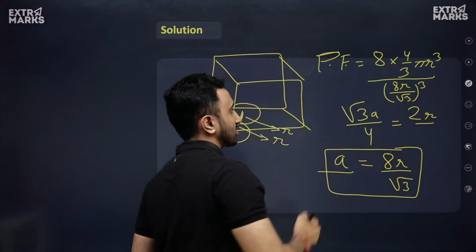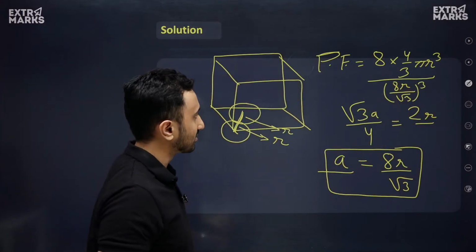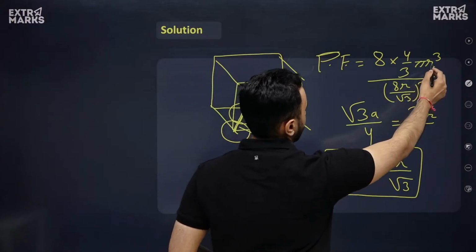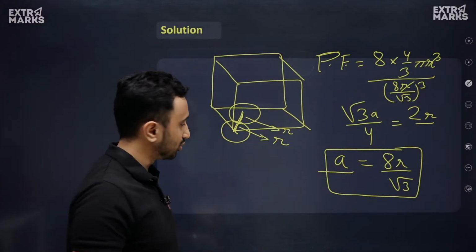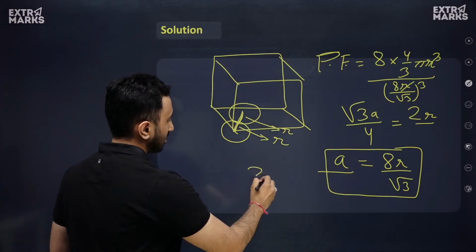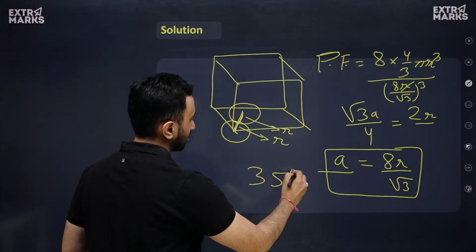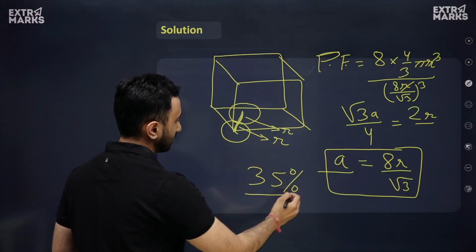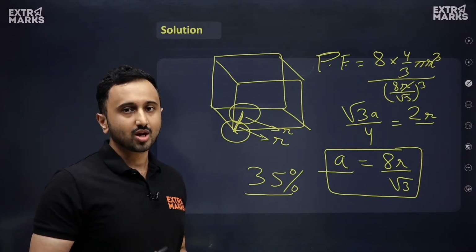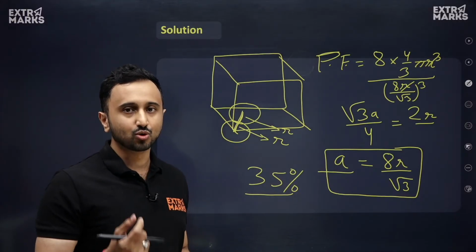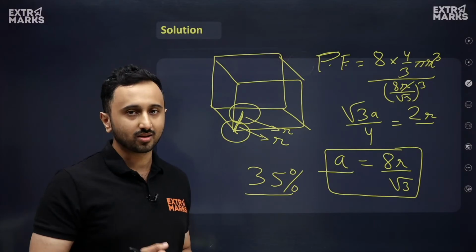If you solve these terms, you can cancel out the r terms, right? r cube and r cube. If you solve this, you will find that the answer is roughly 35%. This will be the answer to this question. Now again, this question is very easy. If you know the basics, you will find it very easy.